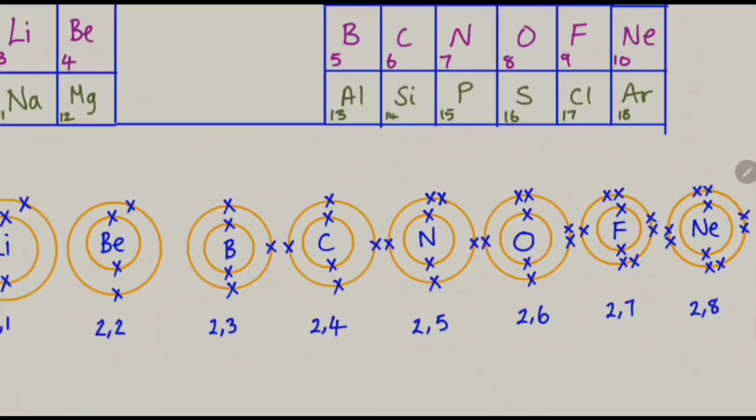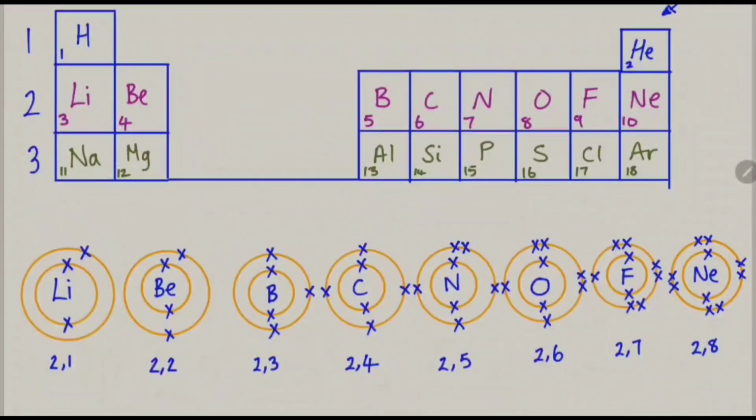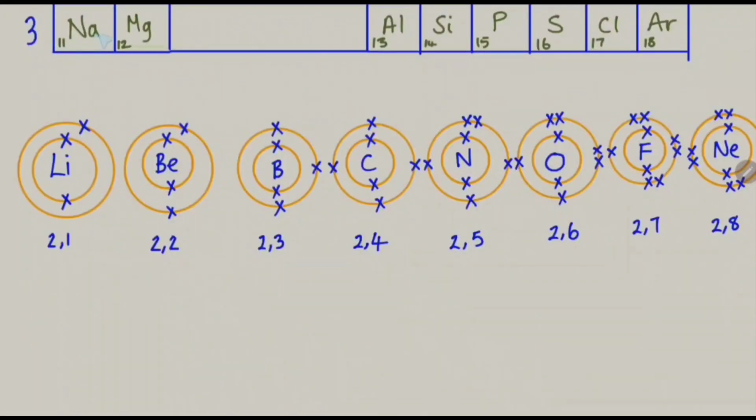Now I'm going to move on to the third period, from sodium to argon. Now sodium is in group 1, and so I'm going to draw it just underneath lithium, also in group 1. It's got atomic number 11, so 11 electrons. The first 2 electrons will go in the lowest energy level, 2 in the first, and then we'll have 8 in the second.